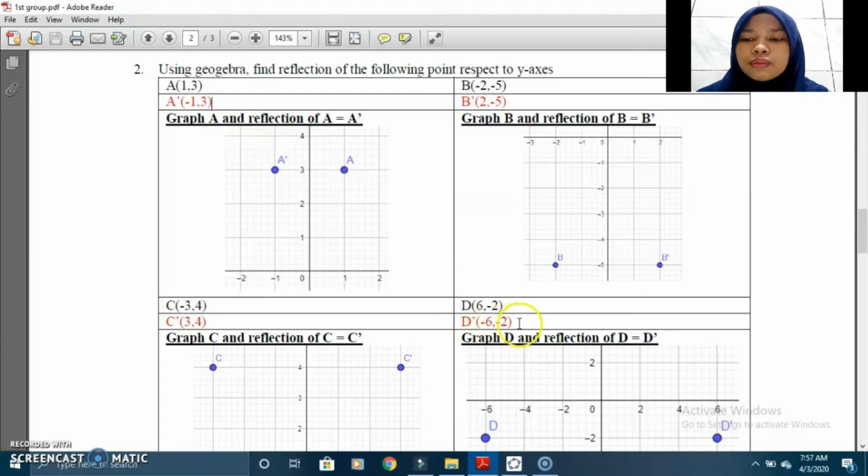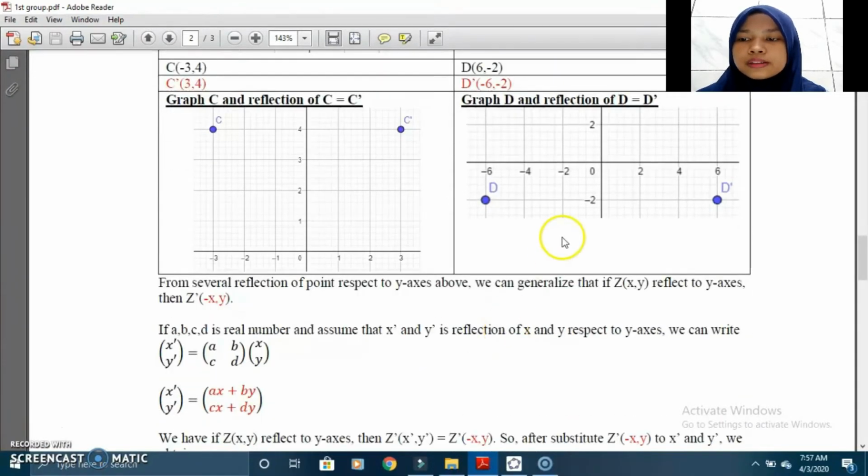So if we have a given point, for example Z with coordinates x, y, and we reflect it with respect to the y-axis, then we have Z' with coordinates minus x, y. And if ABCD are real numbers and we assume x' and y' are the reflection of x and y with respect to the y-axis, we can write x' and y' as the result of multiplying this matrix.